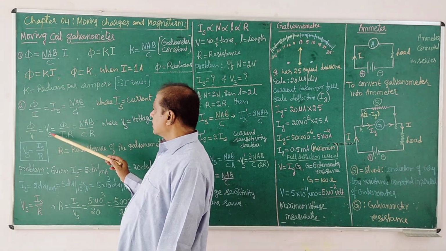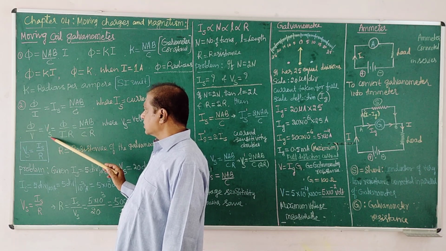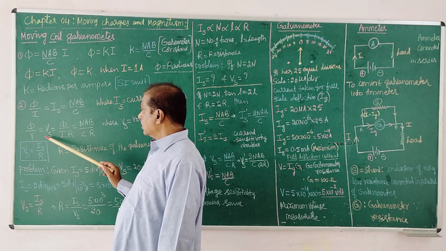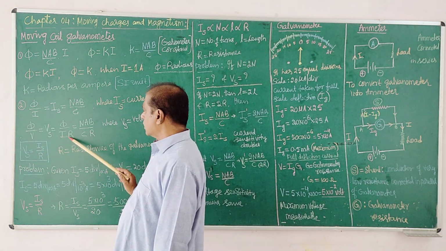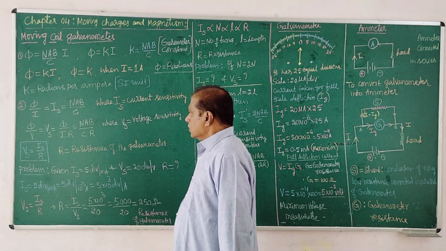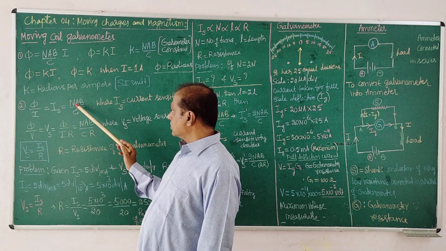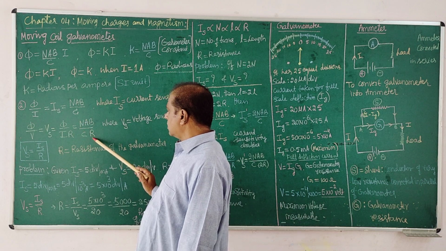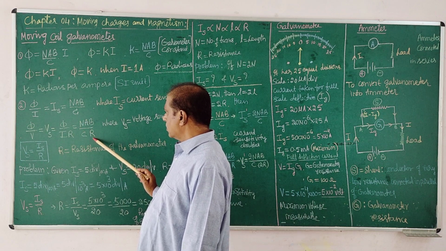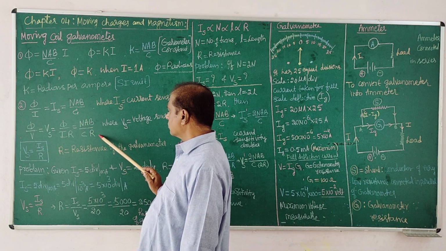Let us symbolize it as Vs. V stands for voltage, S stands for sensitivity, voltage sensitivity. So we know that V is equal to IR, Ohm's law, I into R. Already we know what this ratio phi by I is. Substitute for this. R is the denominator. So this is the voltage sensitivity of the galvanometer.